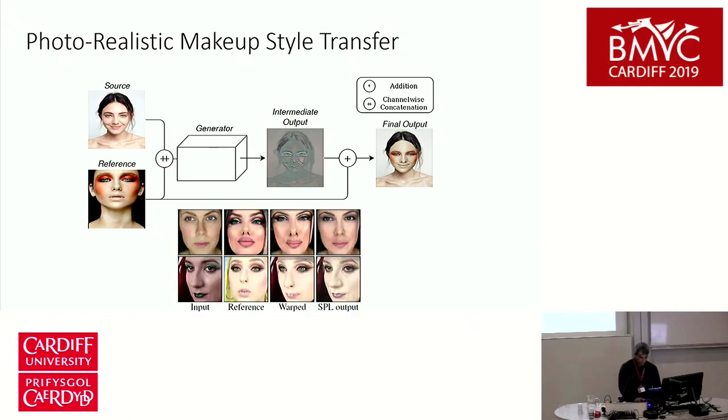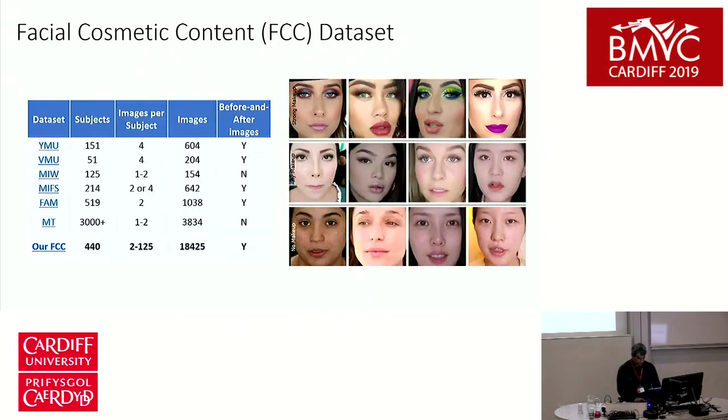Our training proceeds basically by warping the reference onto the source image to have some kind of rough alignment. And while obviously the warping is never perfect, especially when there are pose changes, the training learns to create some plausible outputs nonetheless. Now, to train and test this type of makeup style transfer, we have also collected a new data set by mining the YouTube makeup tutorial videos.